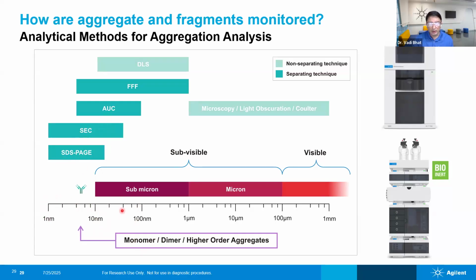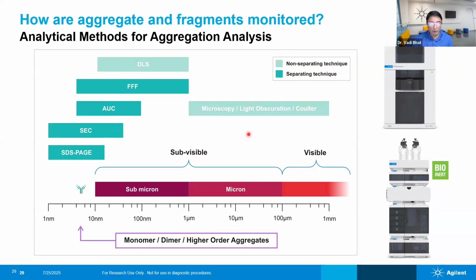Then as the aggregate size increases, of course, you're going to add AUC or DLS, light scattering kind of stuff. And of course, when you have really visible particles, then you're going to use microscopy or other technologies, because they are visible particles, right?